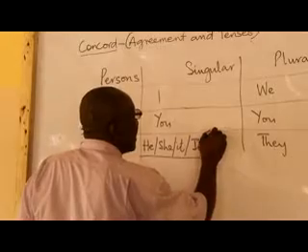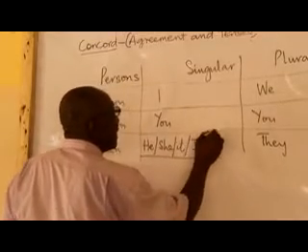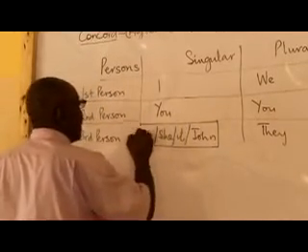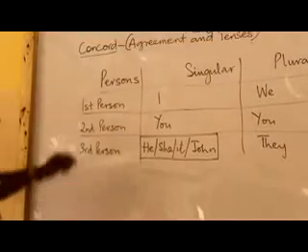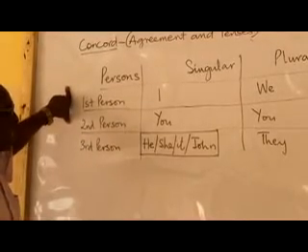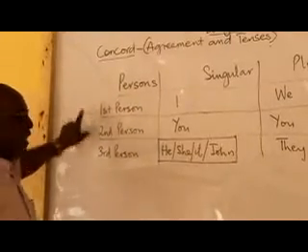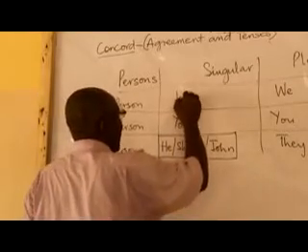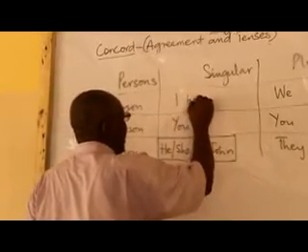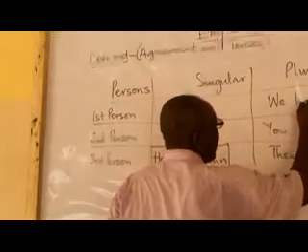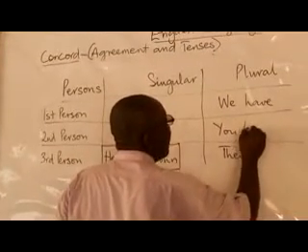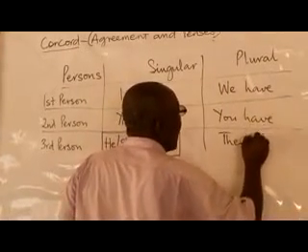In the present tense, it is very, very peculiar. Of all the persons, both singular and plural, they take the word have. You say I have, we have, you have, they have.